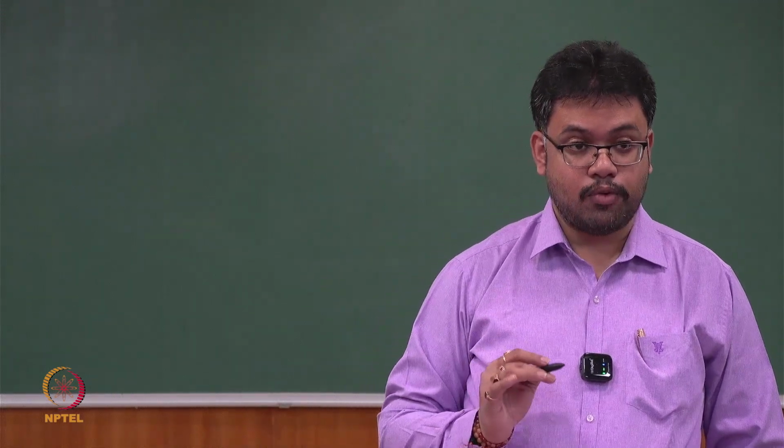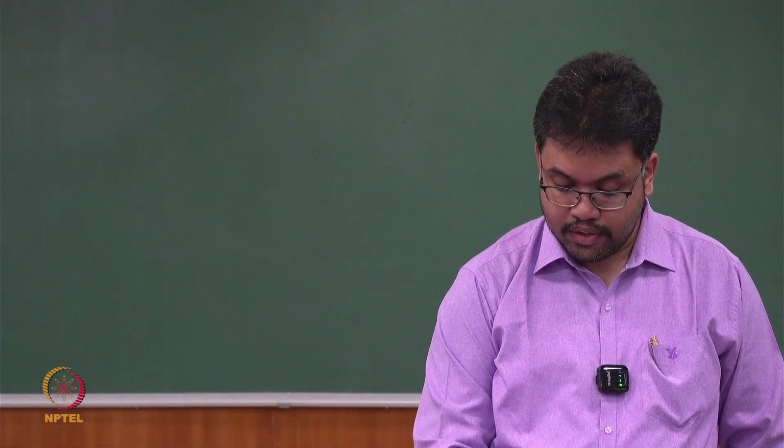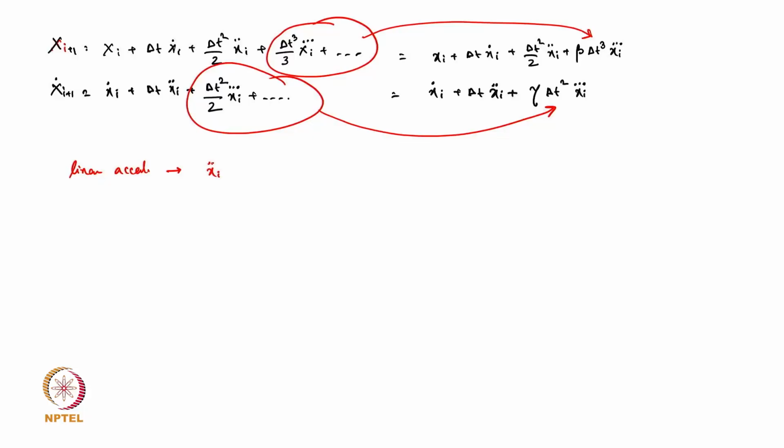Now the point is, linear acceleration we have seen. Linear acceleration means jerk will be 0. Jerk will be 0 or constant? Linear is a constant. So all higher order terms will be 0.